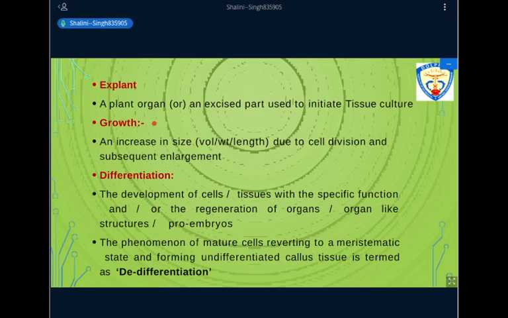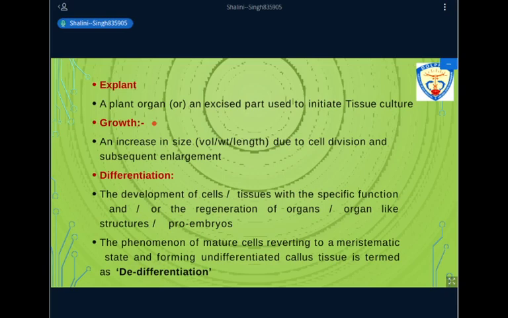So that enlargement in the cell size will cause the change in the cell weight. So there may be change in number or change in cell size. In either case, you will say that your cell is growing. Clear? If you have any question, you can write it and then I will clear your doubts.